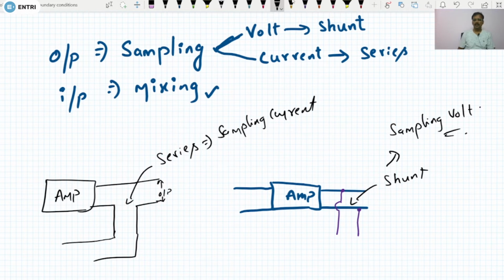Similarly at the input, you are going to mix the signal. Whatever signal you have sampled at the output, you are going to mix with the input signal at the input.